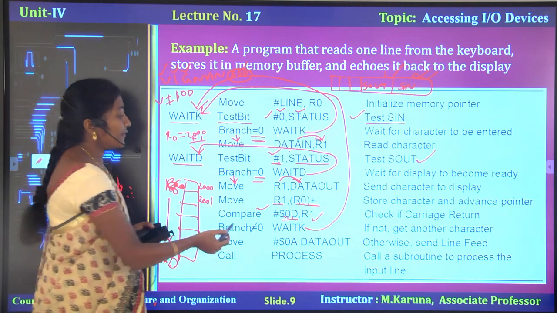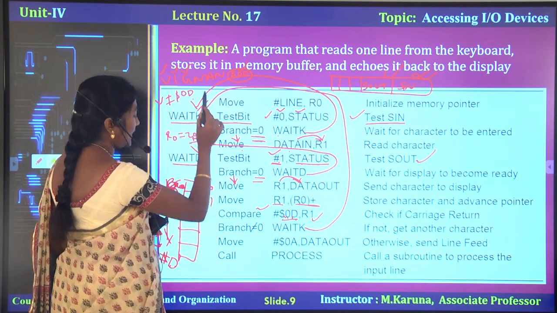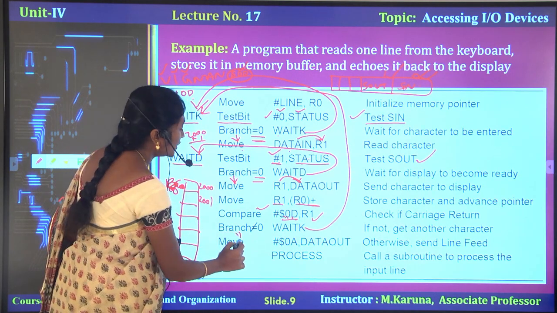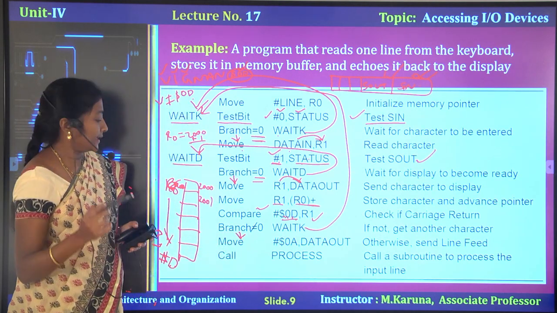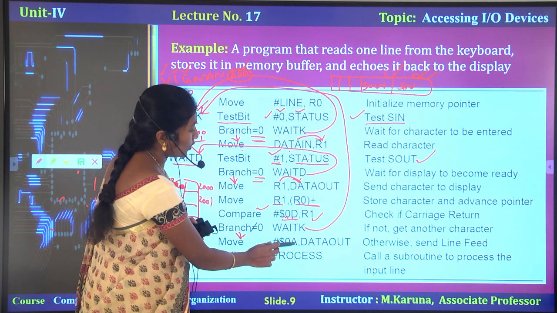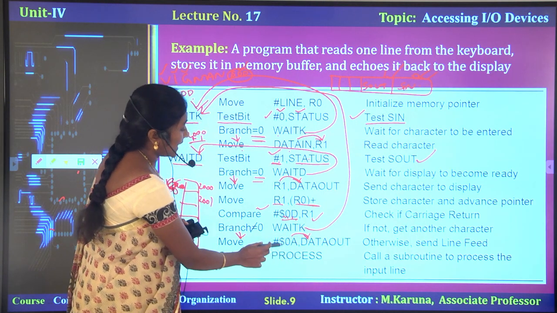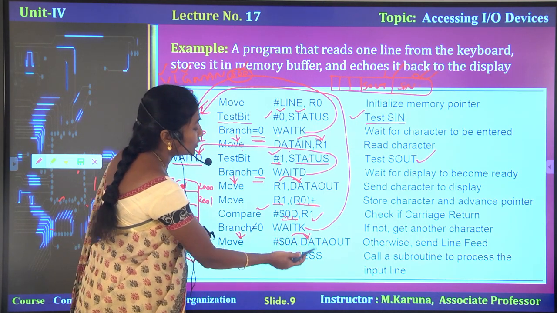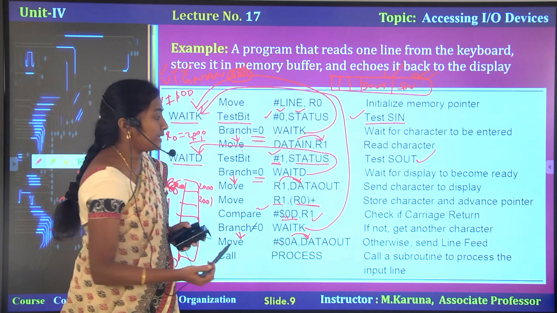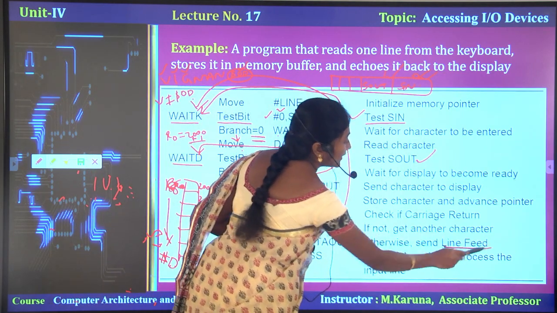If it is equal to $0D, then execute the next instruction, that is move #$0A to data out. That ASCII character will be transferred to data out. That means the processor sends the line feed character.